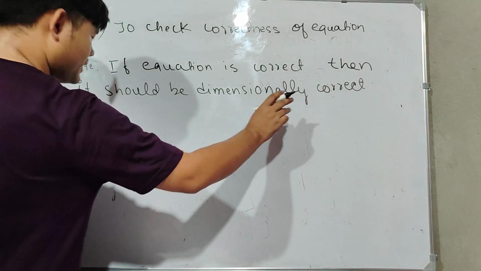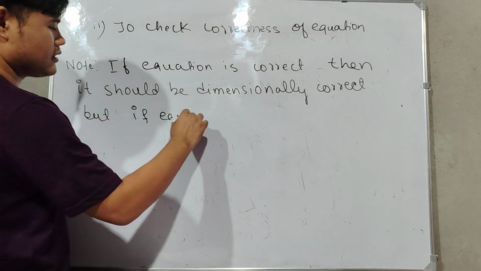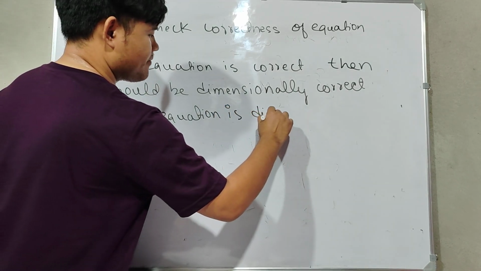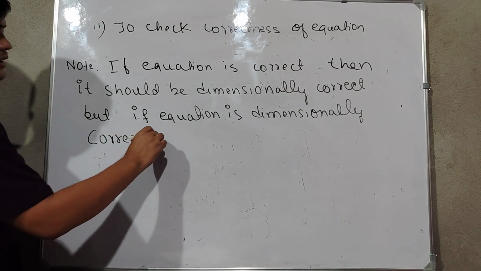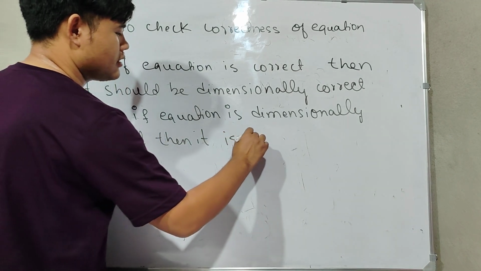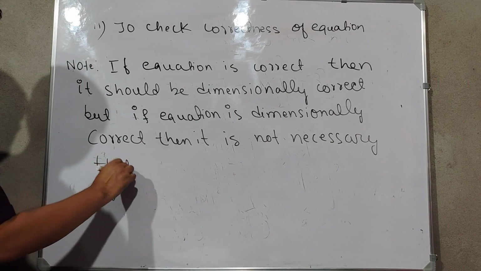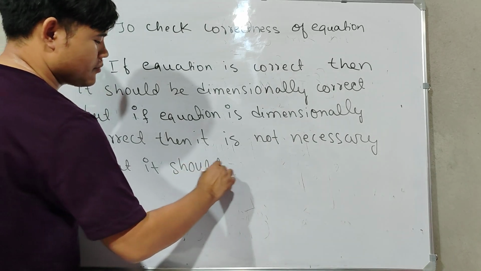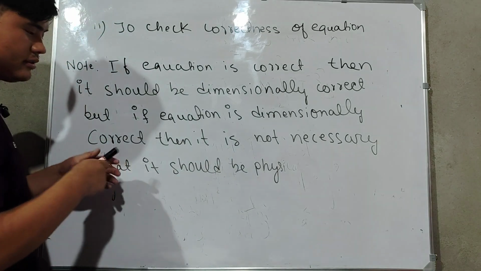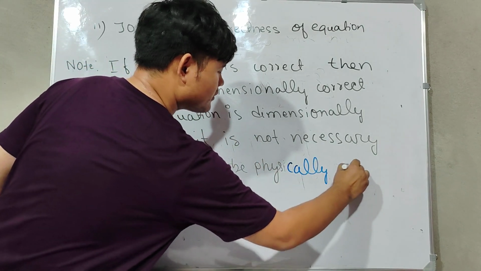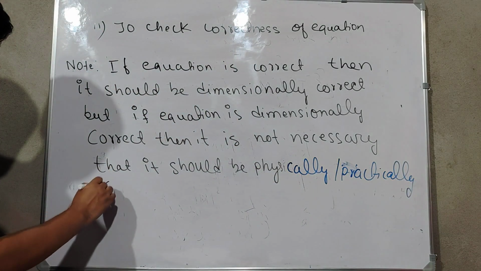This may happen. If an equation is dimensionally correct, then it is not necessary that it should be physically or practically correct.